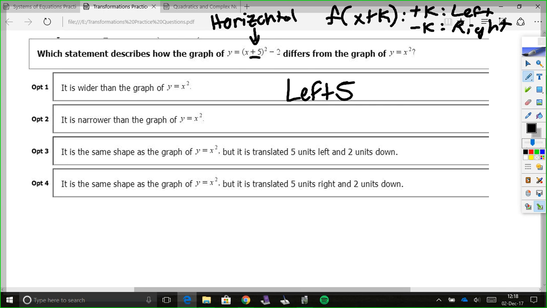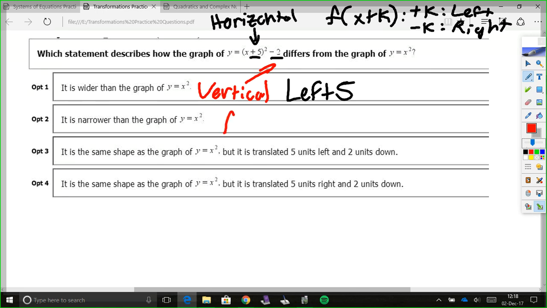All right, and now let's also look at the minus 2. That's another change here. This minus 2 is outside the parentheses. It's technically being subtracted, but it's tacked on at the end of this function. This represents to me, let's use a different color so we can kind of make it distinguished here, a vertical shift, which, remember, that's up or down.